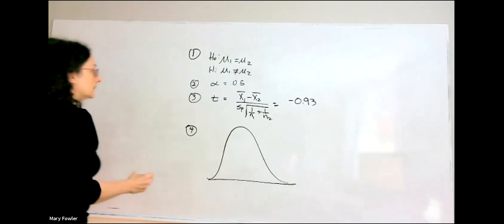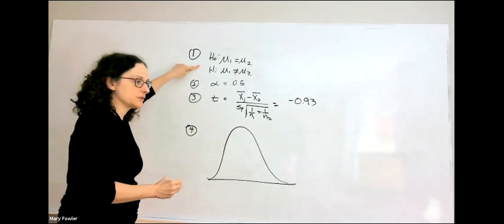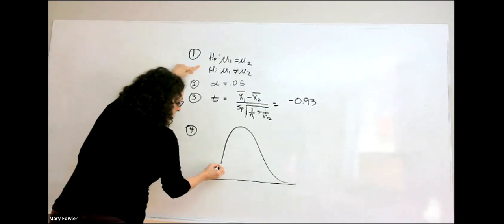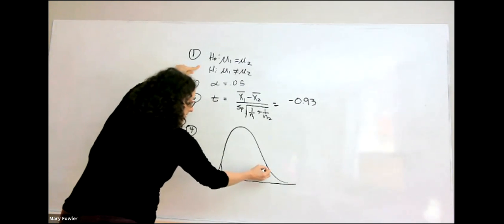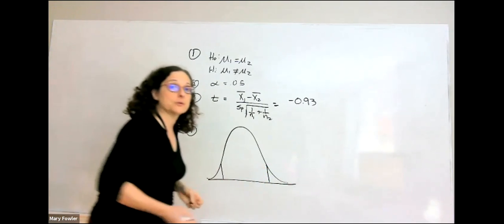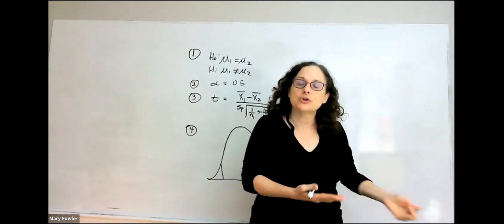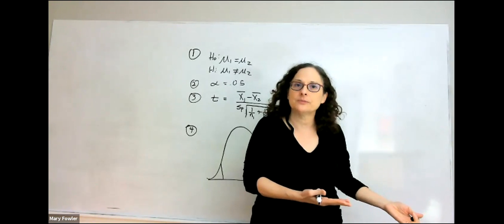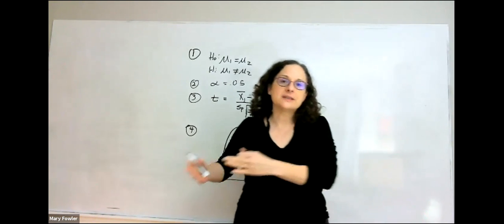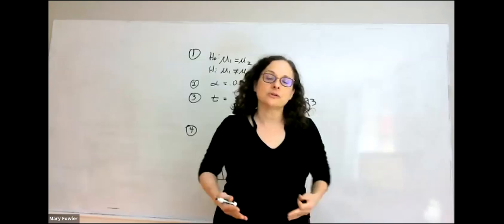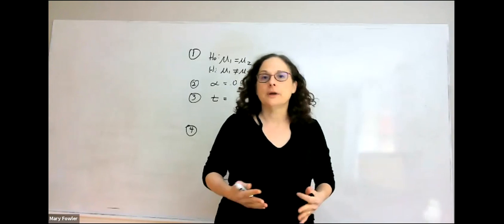So step 1 tells us it's two-tail. We're going to be doing the critical value approach, because even though an approach wasn't told in the problem statement, because this is a t-test, we're going to be using the critical values from the t-table.